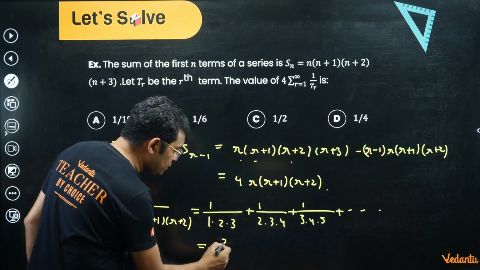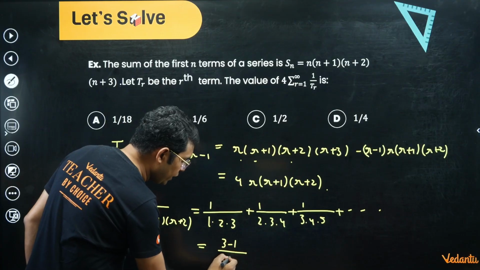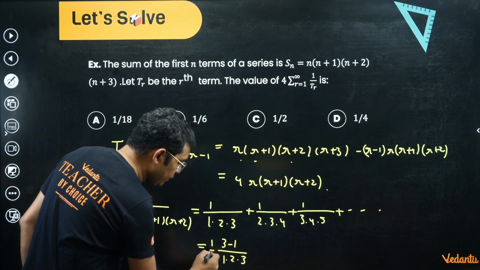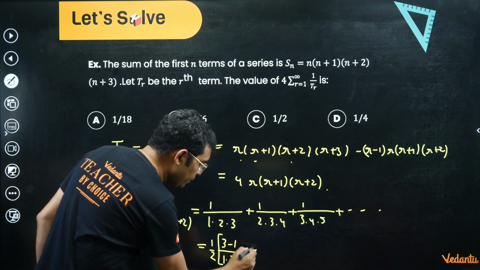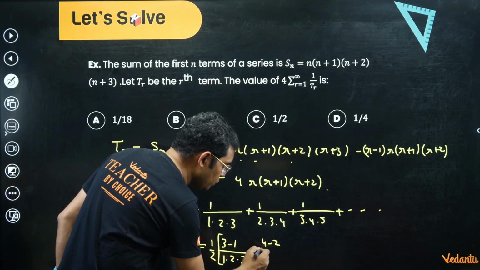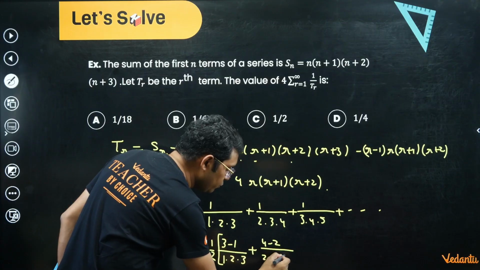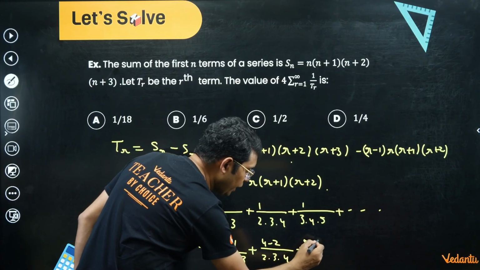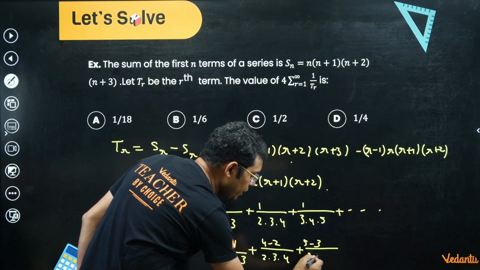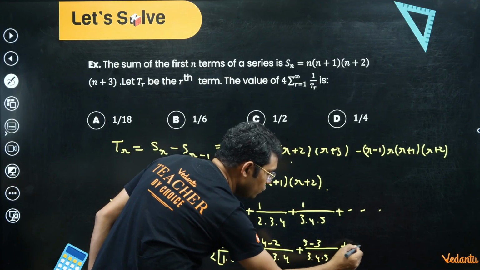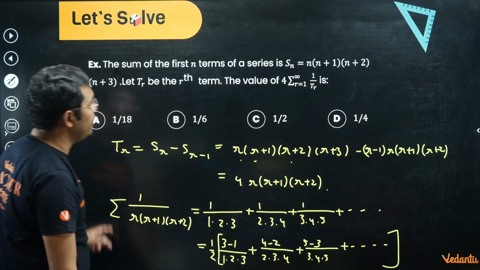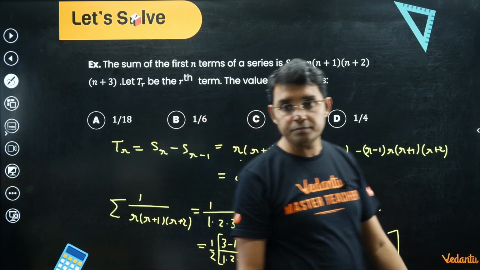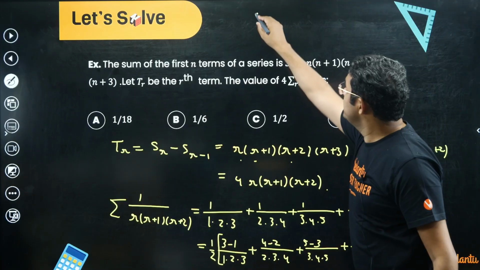If you take the difference, 3 minus 1 upon 1 into 2 into 3, plus 4 minus 2 upon 2 into 3 into 4, plus 5 minus 3 upon 3 into 4 into 5 and so on. And this we have to take till infinite. Okay, let me use this space here.